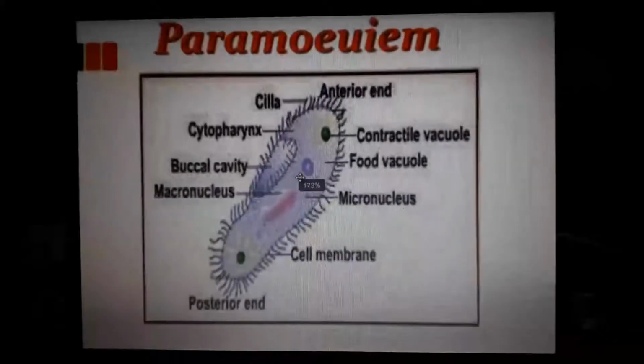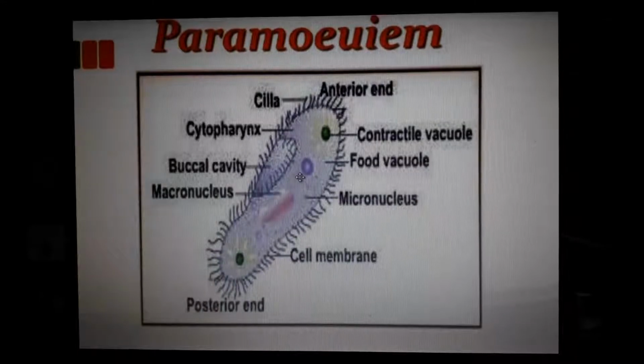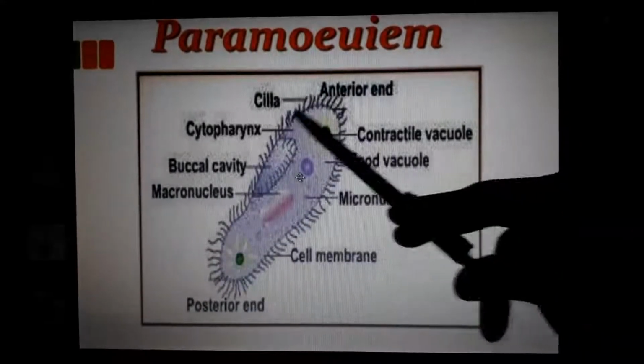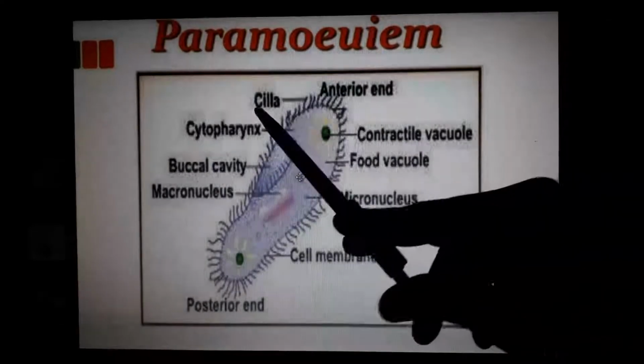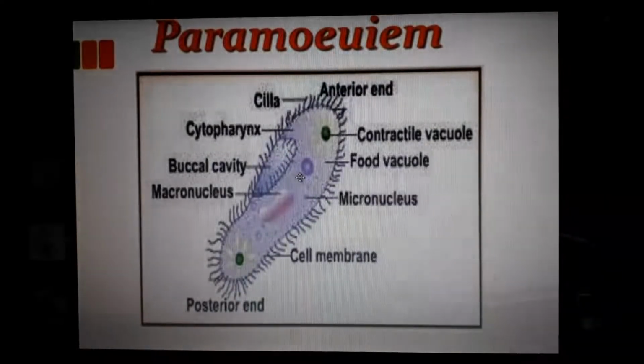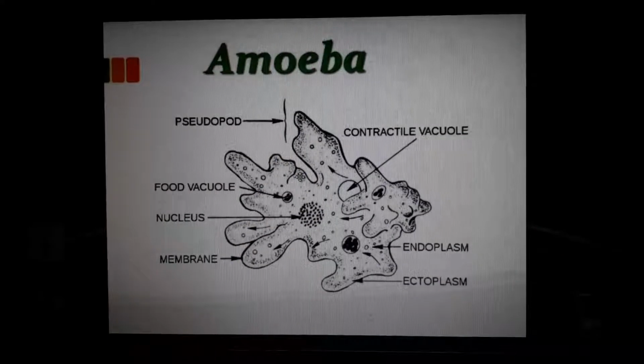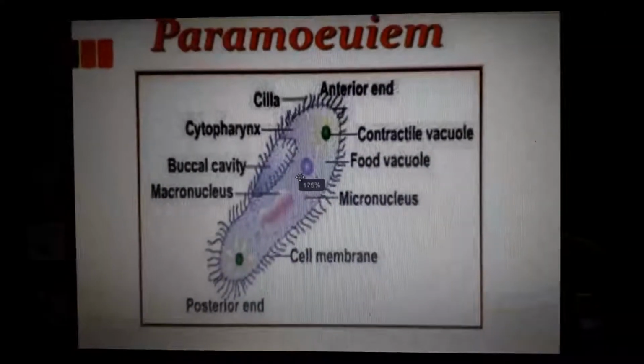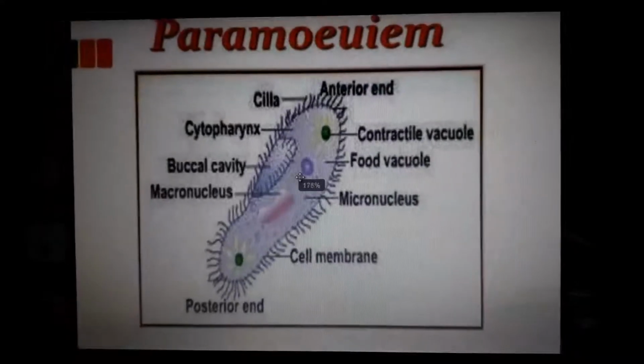Next is paramecium. It is almost the same as amoeba, but here there is no pseudopodia. Instead of pseudopodia, they have a hair-like thing which is called cilia. Regarding amoeba, pseudopodia is important. Regarding paramecium, it is cilia. Understand? So you see the nucleus.